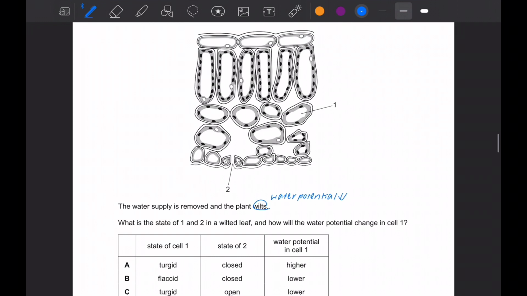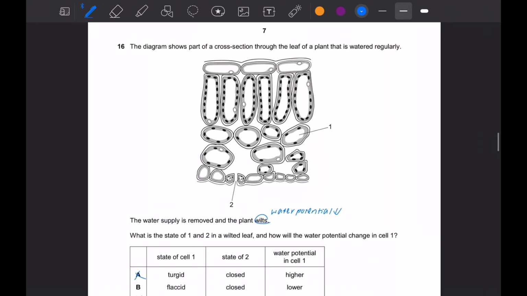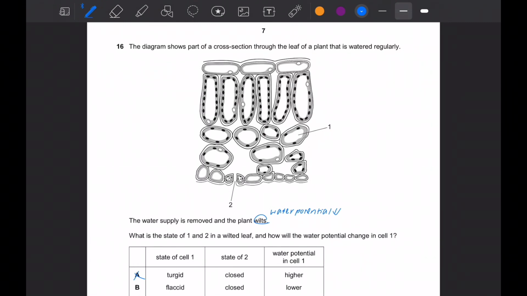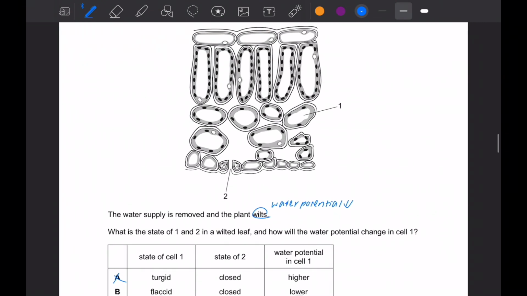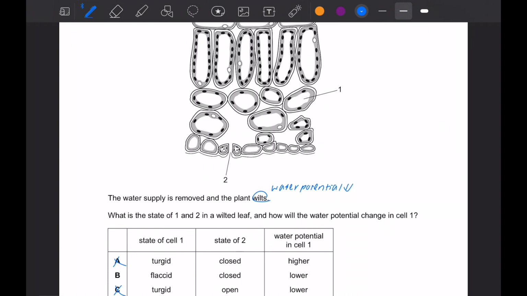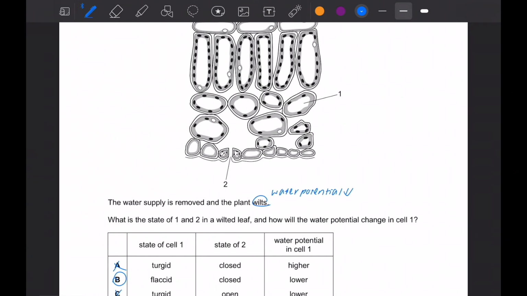It is flaccid. So the answer wouldn't be A, wouldn't be C. The state of 2 would be closed to prevent more loss of water, so the answer would be B. And as I said, the water potential would be lower, so the answer is B.